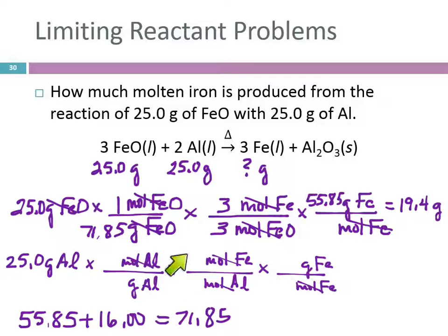The middle one comes from the equation: 2 in front of aluminum, 3 in front of iron.